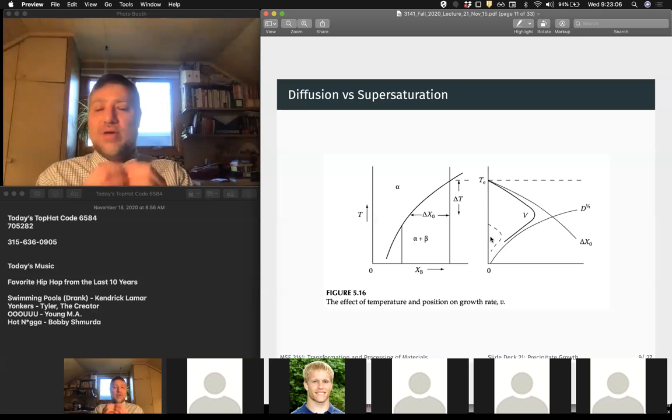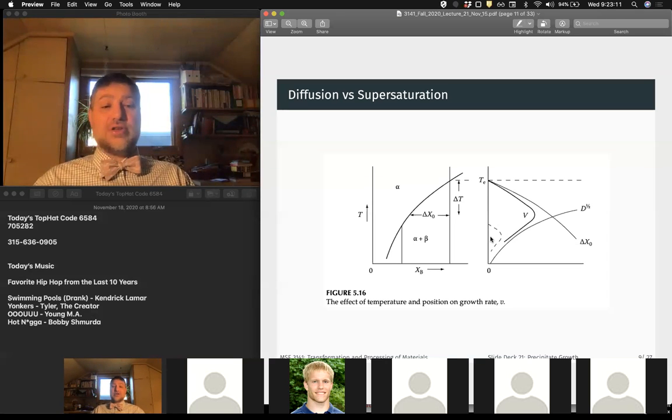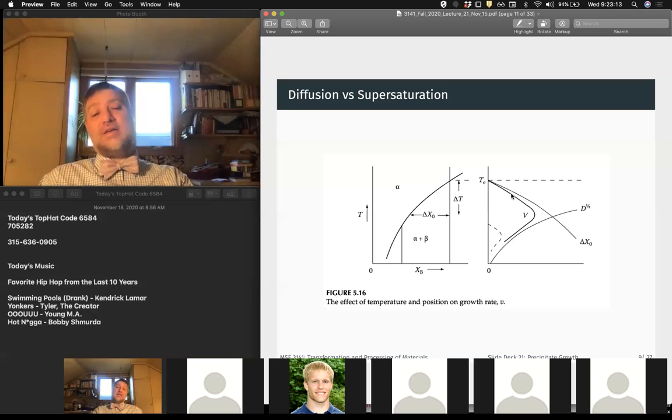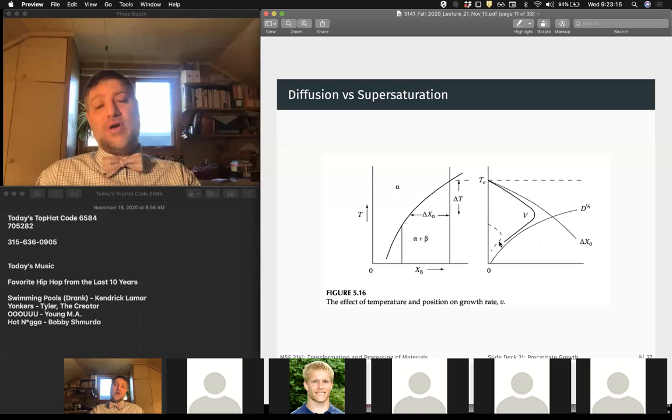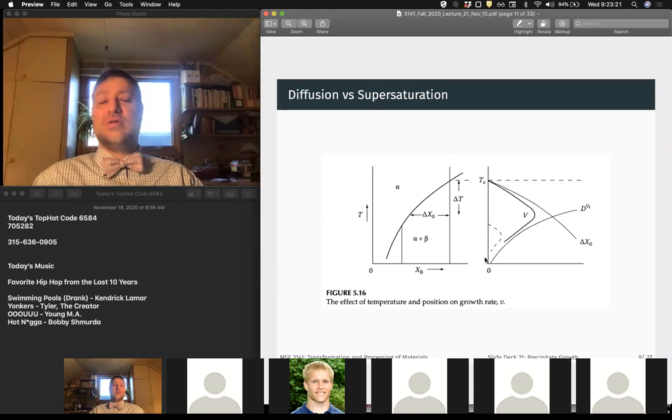So we only get maybe 1 or 2 nuclei, and the particles just grow really large. On the other hand, we could be in a regime where nucleation is easy, but growth is slow. And then we get a large number of very small nuclei. Most of the time, in terms of metallurgy, that's what we want.